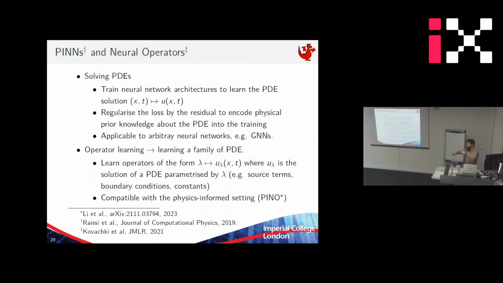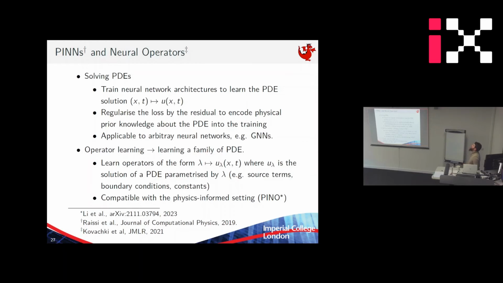You have a mesh, and then you discretize and all of that, because they just say, well, my spatial derivatives will just be the derivative of the output of my neural network u with respect to the part of the input that corresponds to x. The time derivative will be the same thing with respect to the part of the input that corresponds to t. And that's how they can specifically encode the residual in the loss, compute that quantity. It's a priori applicable to any arbitrary neural networks, including GNNs.